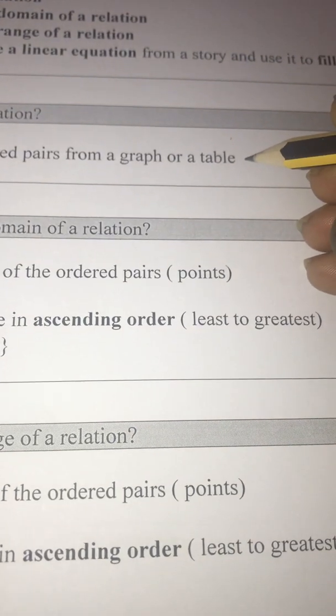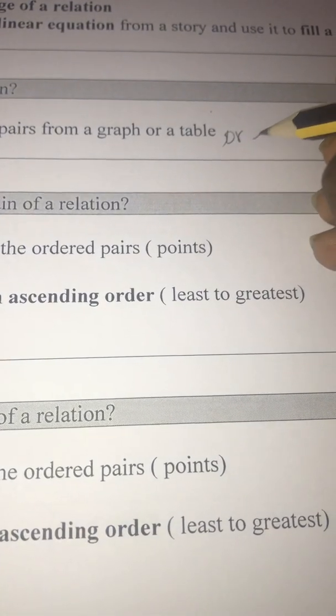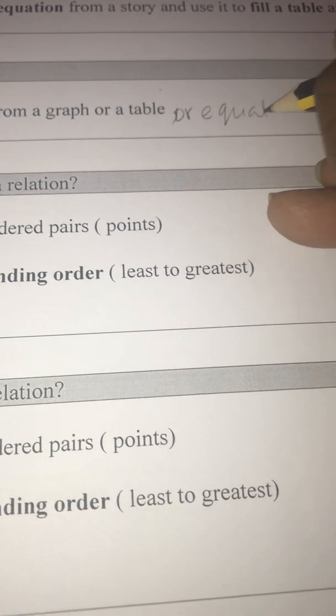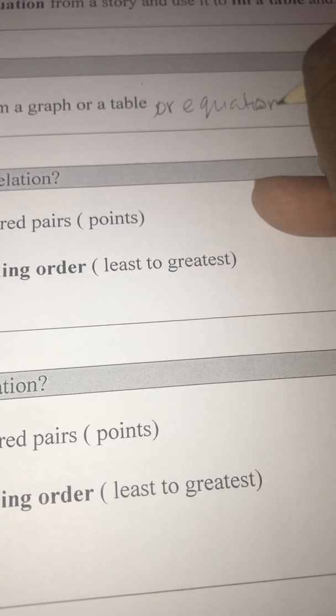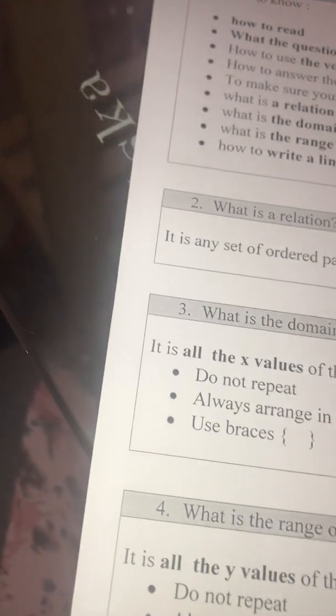So from a graph or a table or an equation, or a story. You should be able to write a relation if you have a graph, a table, an equation, or a story. Okay?